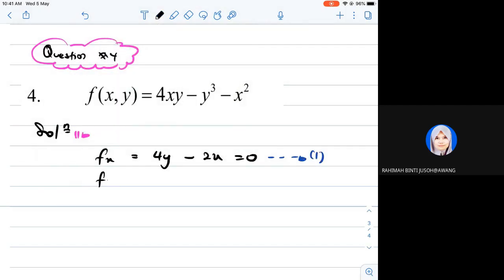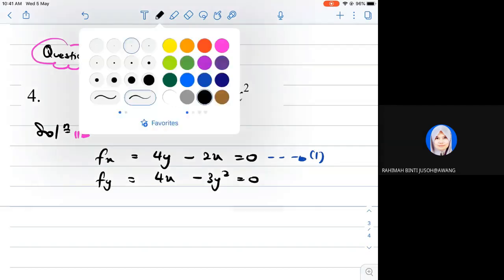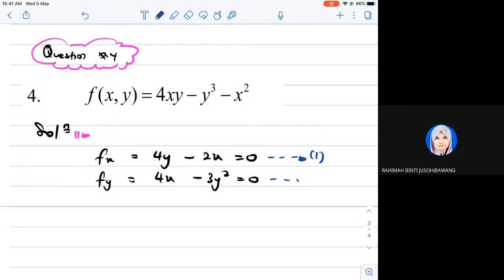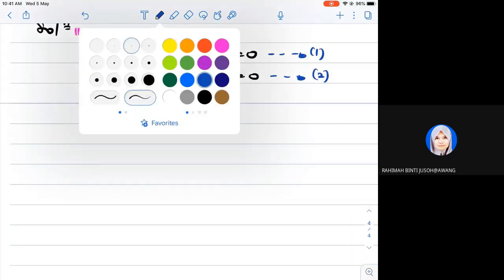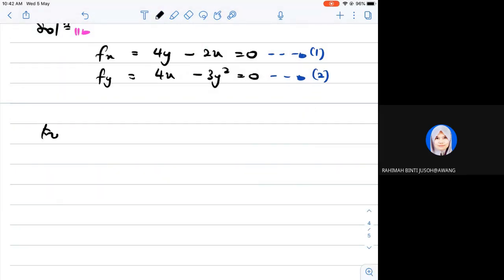And then cari fy, we get 4x minus 3y squared. Equate this with 0. So this is your second equation. Okay. So of course from 1, we have 4y equals to 2x, step by step minus 2x equals to 0.